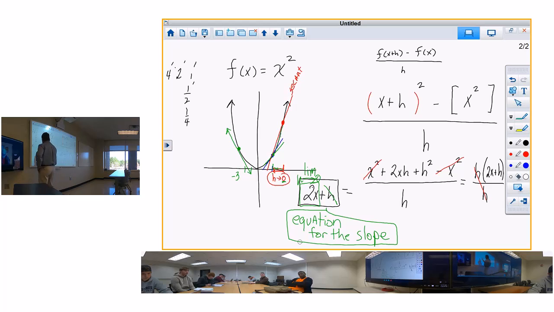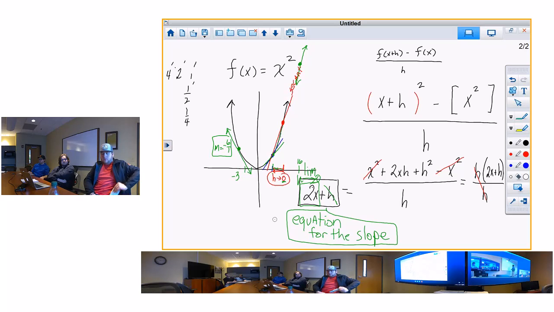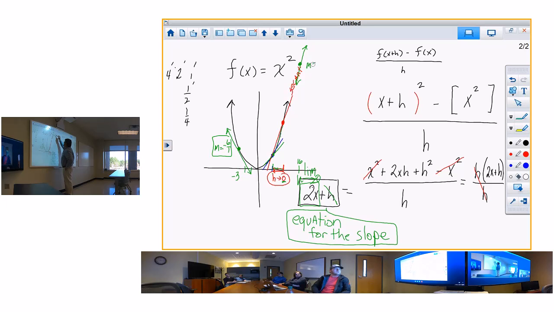So the slope of this green line here is -6/1. What about the slope at 16? 16 will be way up here. What is the slope at 16? 32. So the slope at 16 is equal to 32/1.